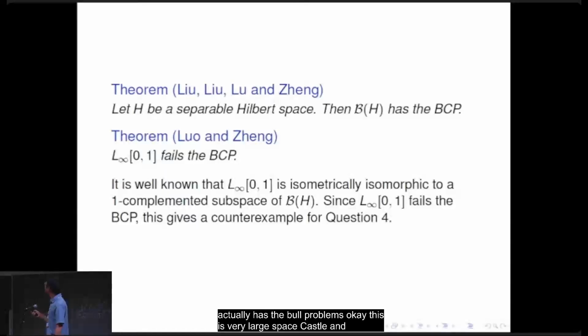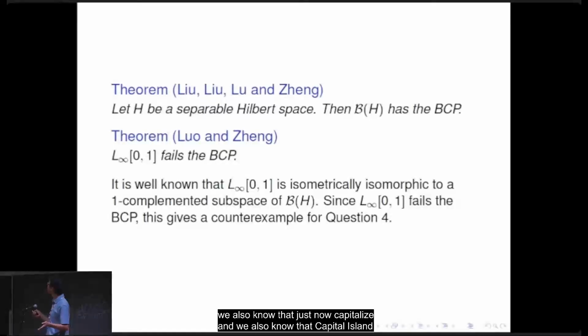And we also know that, just now, capital L infinity fails the ball covering property. And we also know that capital L infinity is isometrically isomorphic to a one-complemented subspace of B(H). This is the classical result.